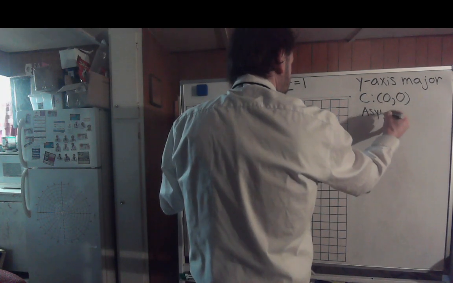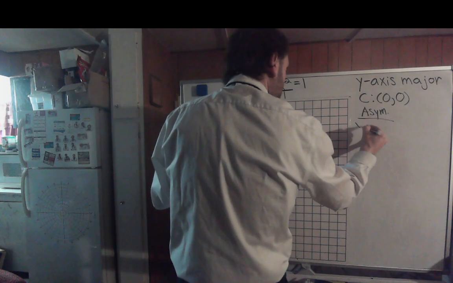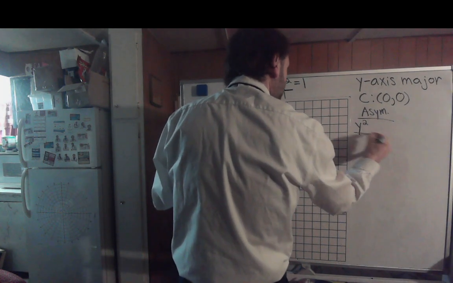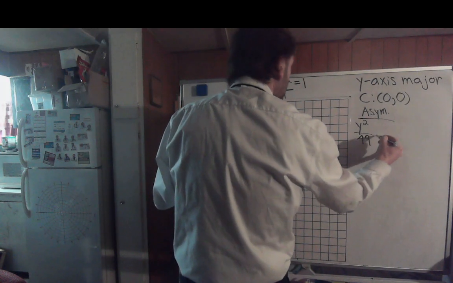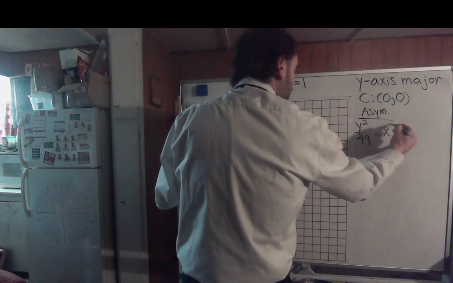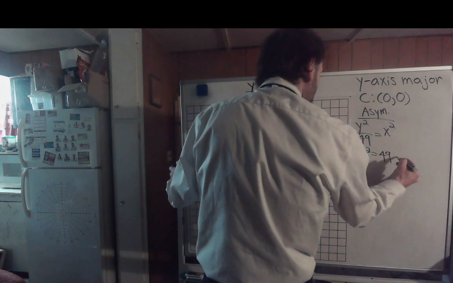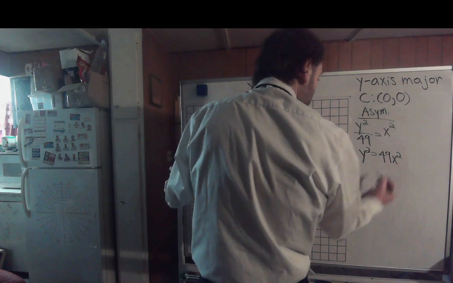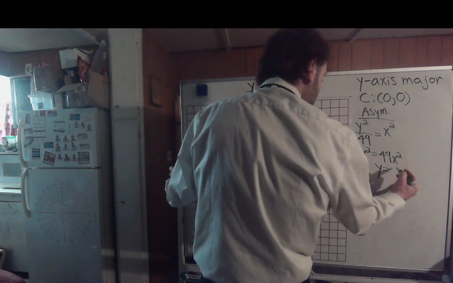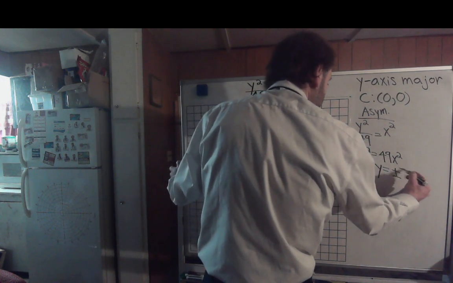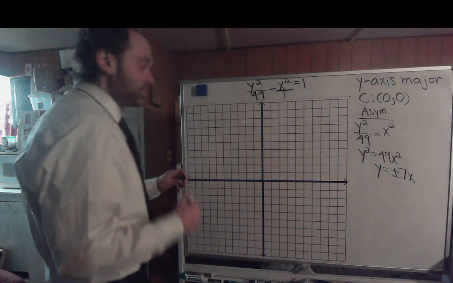So for the asymptotes, you set that y squared over 49 equal to your x squared over 1, or simply x squared, that'll give you y squared equals 49x squared, giving you two slant asymptotes of y equals both plus and minus 7x. Those are your slant asymptotes.